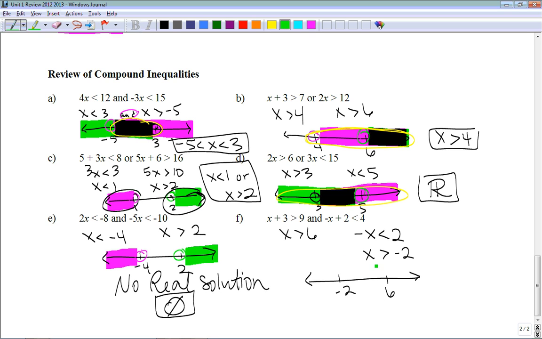So we're looking at x is greater than 6, so there's an open circle on 6, and greater than 6. And then x is greater than negative 2, so there's our negative 2, greater than negative 2. And then remember, and is where they overlap, and that's just this part over here, and we describe that by x is greater than 6.